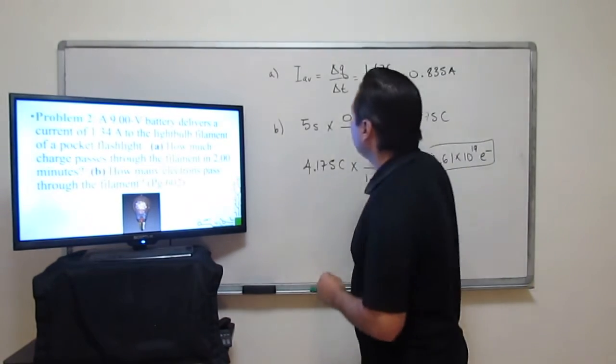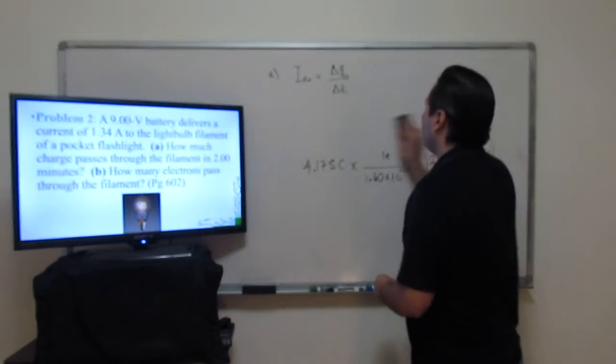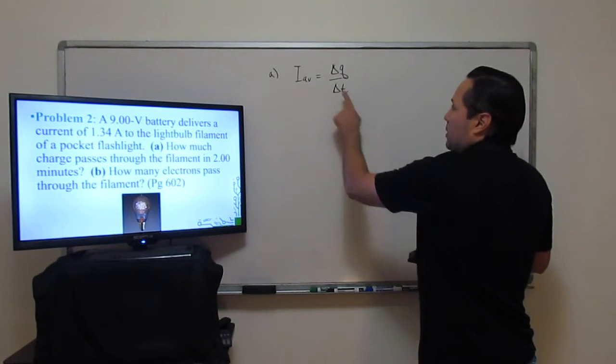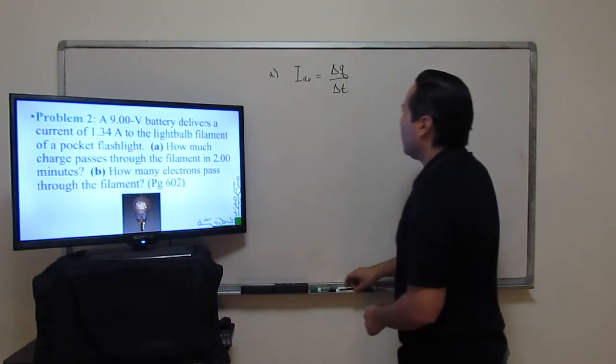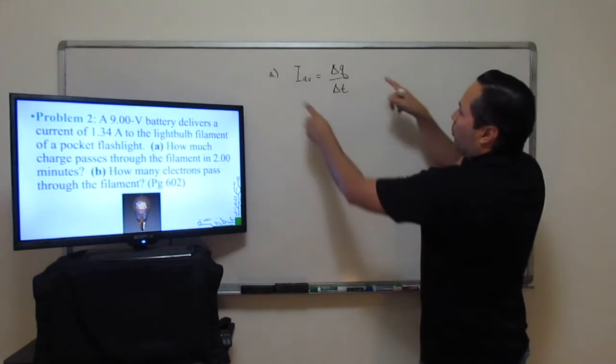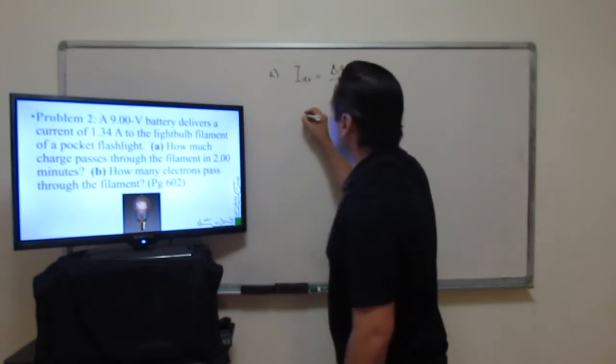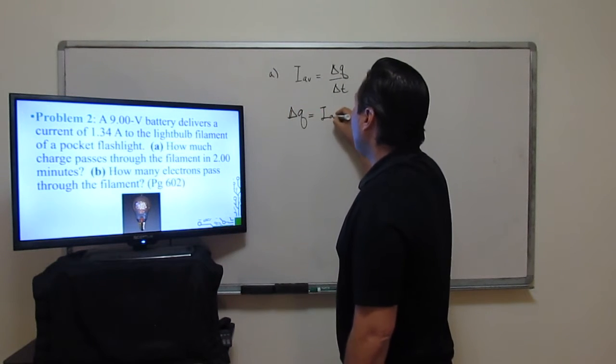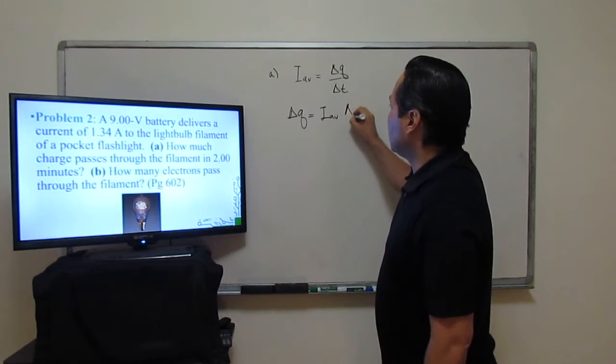We're going to take a look at our same equation again. Now they're asking you for the charge. We have the current and the time, so we're going to rearrange it. We multiply both sides by time, so we end up with Q equal to the average current multiplied by the time.